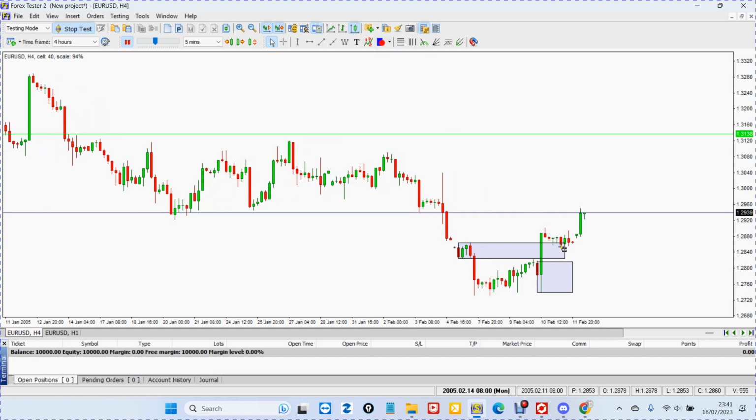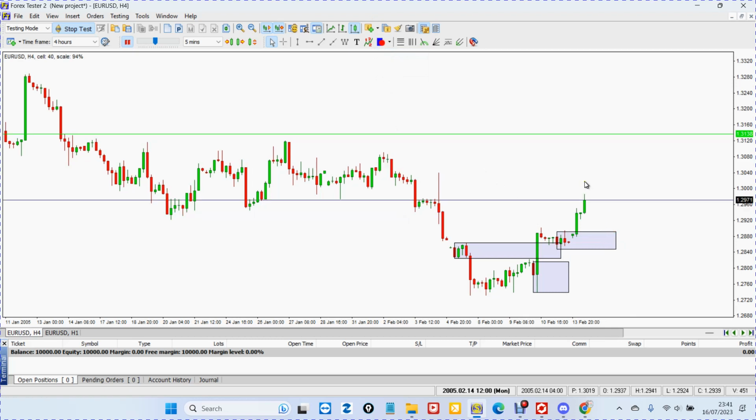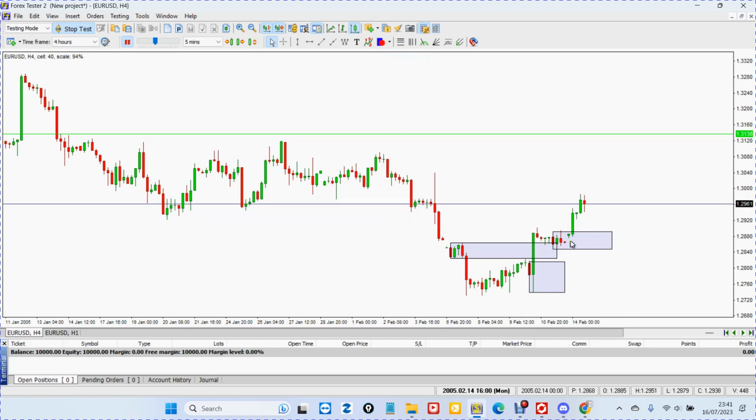And when we're using trend demand, we always want to be only looking at the very first demand level or supply level that's formed. If we've created a new demand, then we want to be looking at this demand. Every time a demand level is taken out, supply level becomes in control.